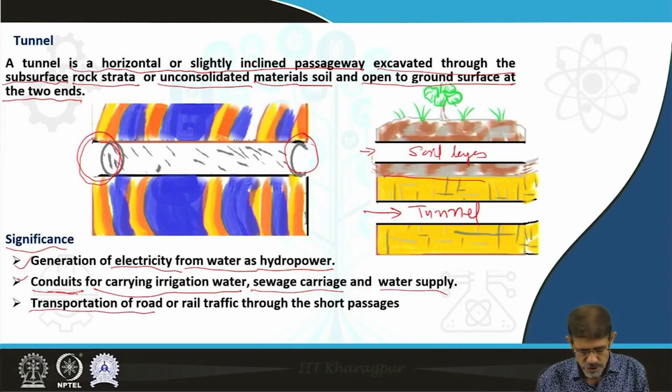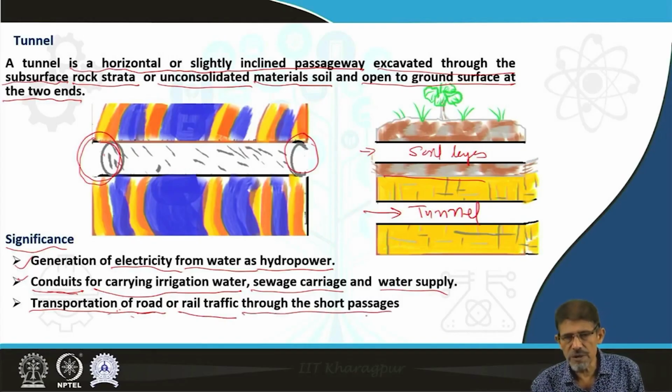Then there is transportation of goods concerned with road or rail traffic through the shortest passage, crossing different types of obstacles and danger zones in the interest of safety of man and society.